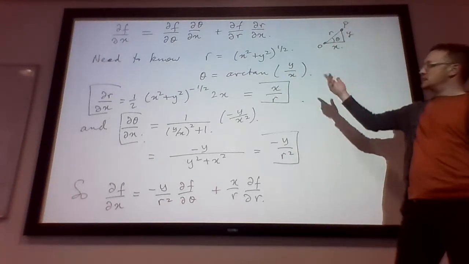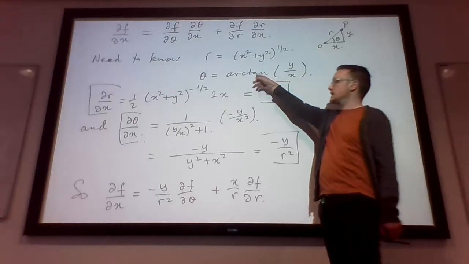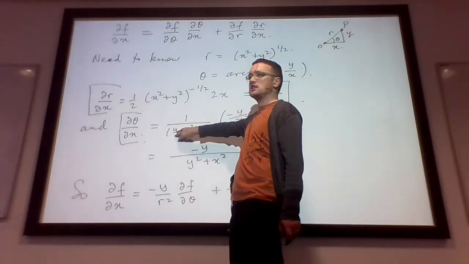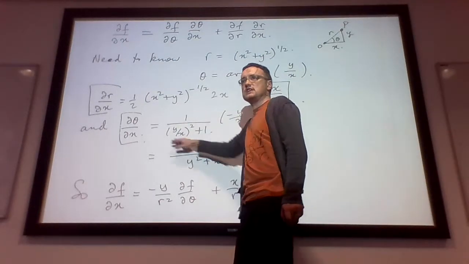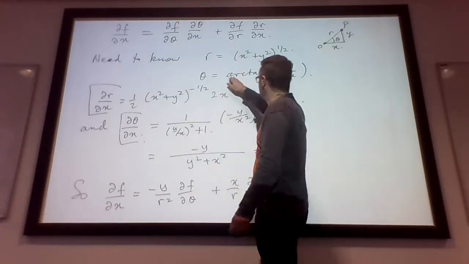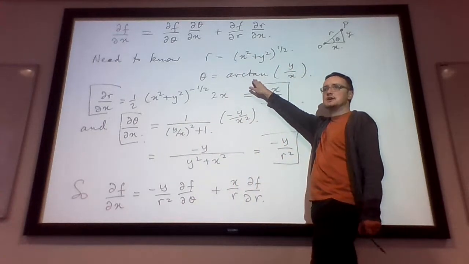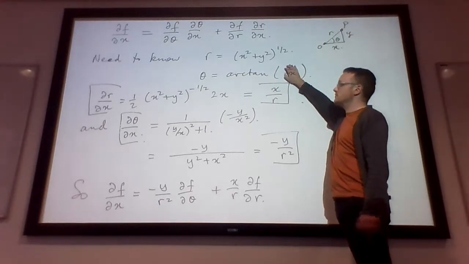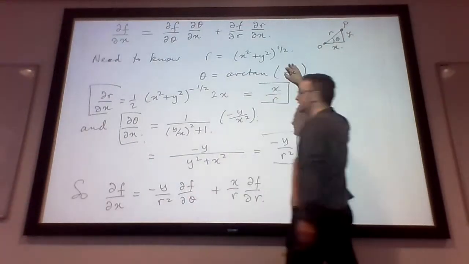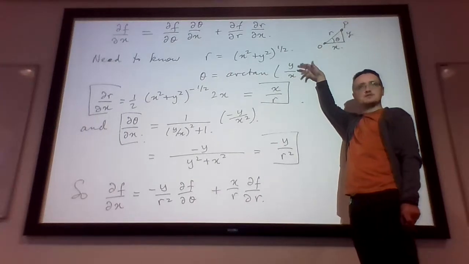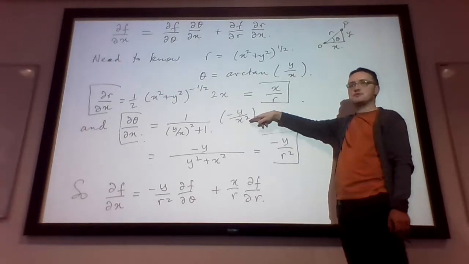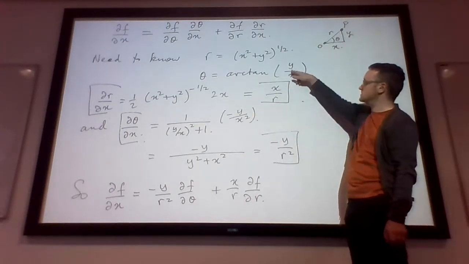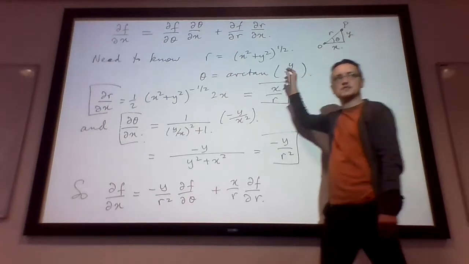The derivative of the arctangent is 1 over its argument squared plus 1. That's what I see here. So this part is the derivative of the arctangent bit. But you're applying the chain rule, so you then need to multiply by the derivative with respect to x of the inner function, which is y over x, and the derivative of that will be minus y over x squared, because x is in the reciprocal position there. Is that okay?